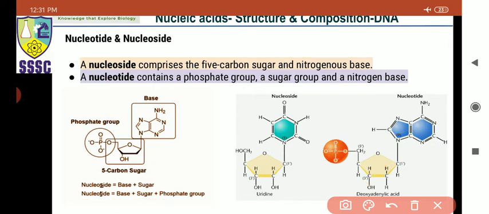And when there is no phosphate group, only nitrogen base and sugar, then it is known as a nucleoside. So there is only a little difference, just S and T. Nucleotide contains phosphate, nucleoside does not.